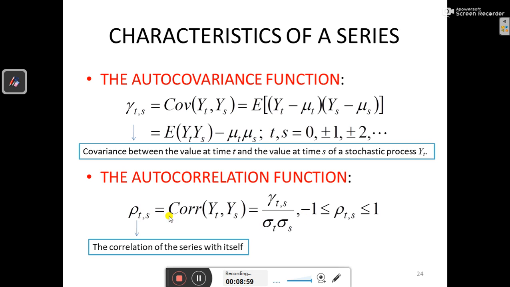That will give us the autocorrelation value of the two values, the value at time t and the value at time s of a stochastic process Yt, and minus 1 is less than or equal to rho(t,s), less than or equal to plus 1. So the values are between minus 1 and plus 1.